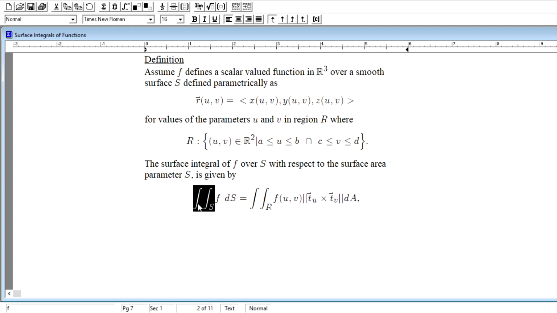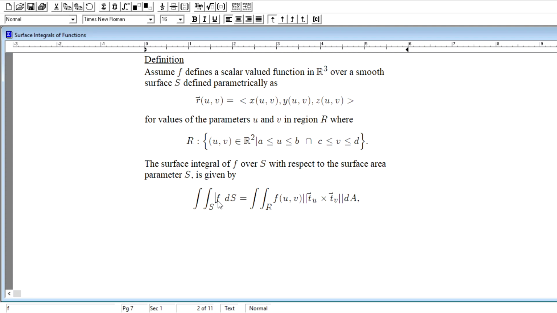This is illustrating the surface integral over surface S, where we have an integration with respect to the surface area of S. Both the surface and the surface area are denoted using a capital S in this notation, where this surface integral operator is being applied to some scalar valued function little f.